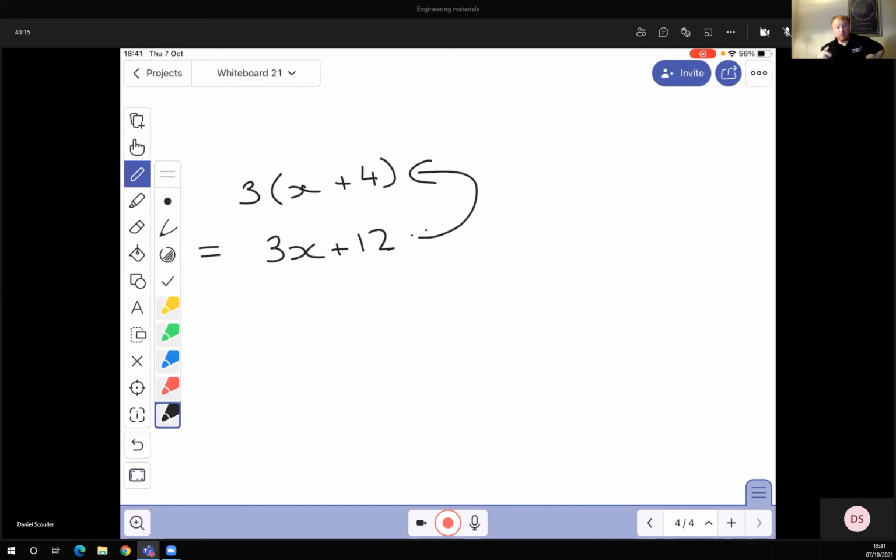The first thing we do with any of these expressions, the first action, is look for the common factor, and we simplify that expression as much as possible.